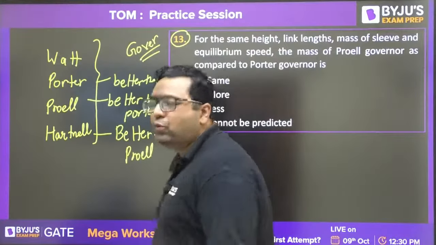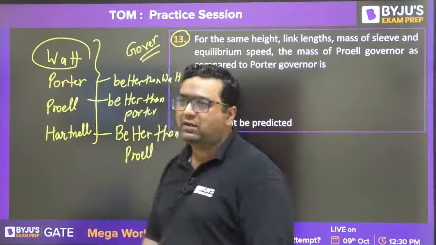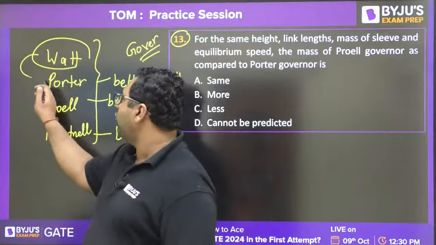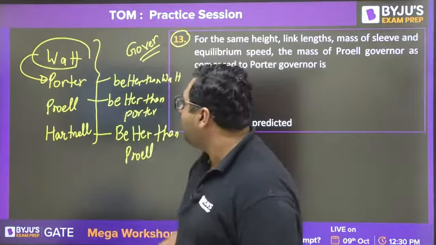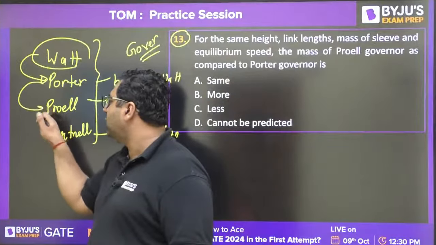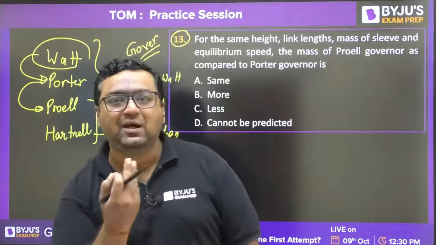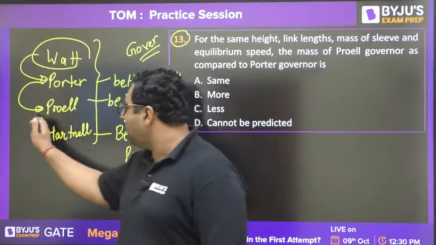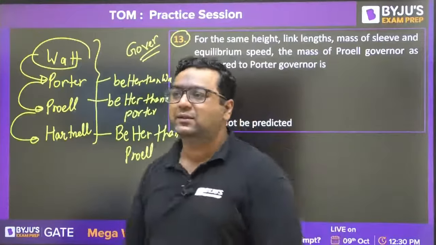You must know that the Watt governor was not a working governor. When we moved from Watt to Porter, Porter was a working governor. When we moved from Porter to Proell, Proell was not only a working governor, but its inertia was less. And then when we moved to Hartnell, its inertia was quite less.